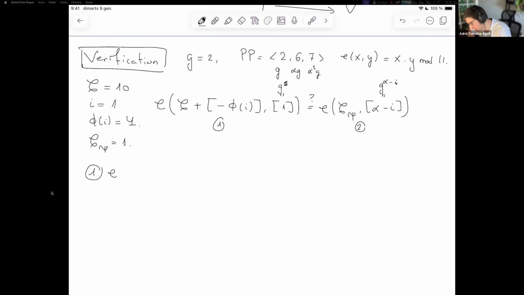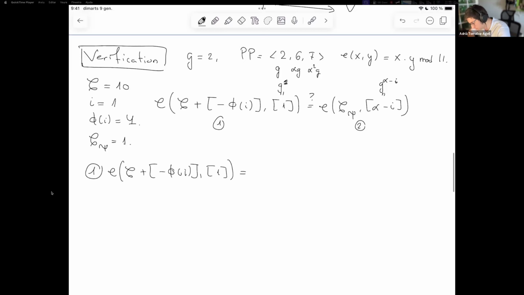I will copy the left-hand side, the number 1 here, and this is the commitment plus minus phi of I and 1. The first thing here is to notice that we don't have everything with a positive sign. We have one negative sign here. So we need to get rid of that.